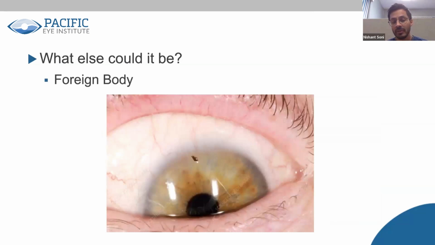Another thing that can feel like dry eyes is if you have something in the eye, an actual foreign body in the eye. In this picture here, there's a little shard of metal that's in the eye, and that needs to be taken out, or else it's just going to keep feeling like there's dry eye and lead to infection. So it's important to see if that's actually what's going on. Usually, you don't just get a piece of metal in the eye from doing nothing.